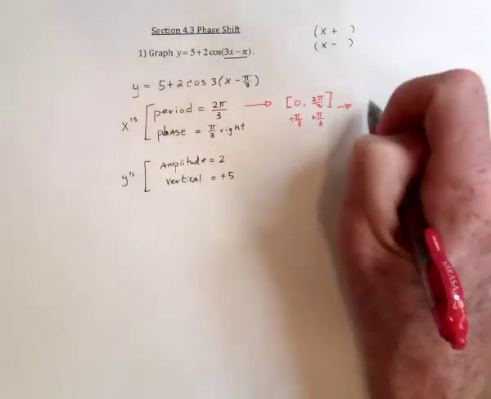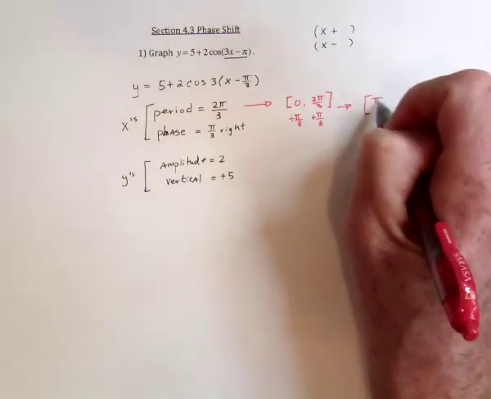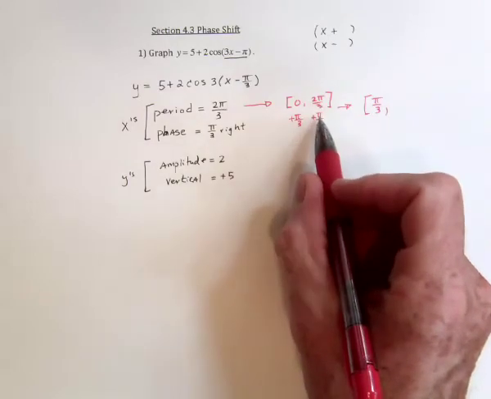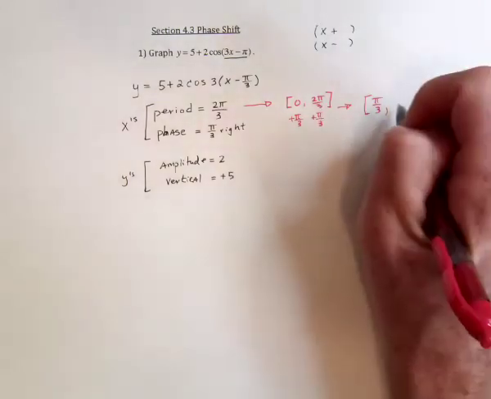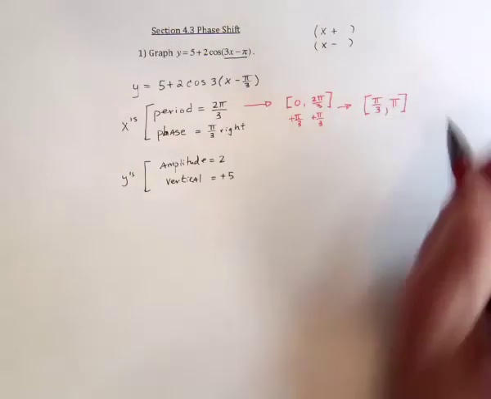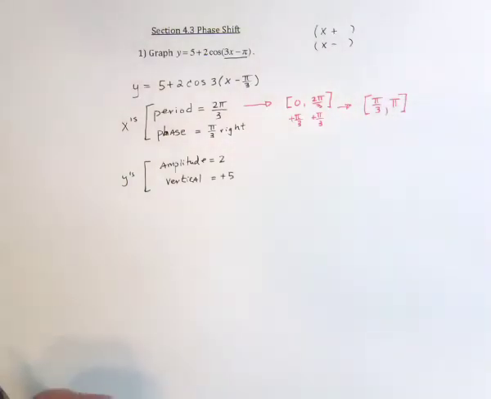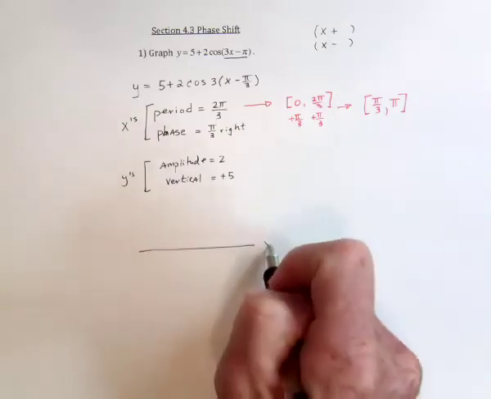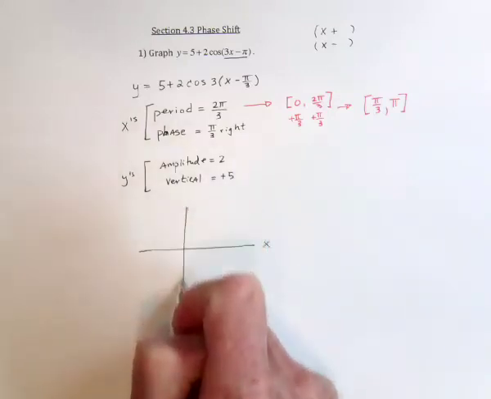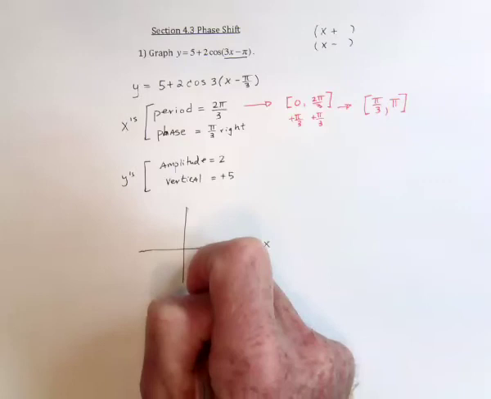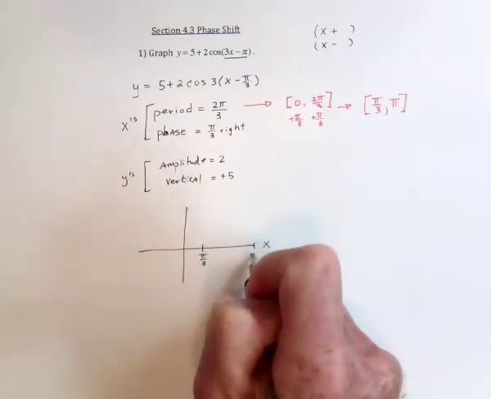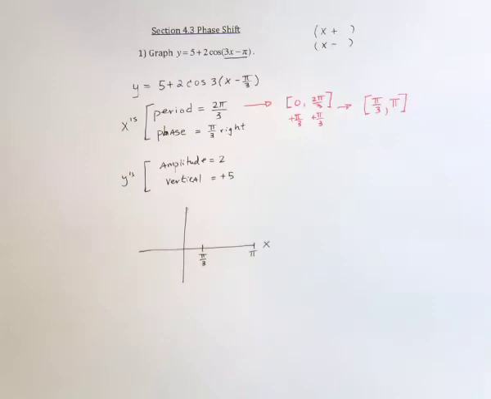And the result is that it's going to go from pi over 3 to, well, 2 pi over 3 plus another pi over 3 is going to be 3 pi over 3, or just pi. There's the x information. So on the x-axis, I'm going to start at pi over 3 and finish at pi. That'll be one cycle of cosine.